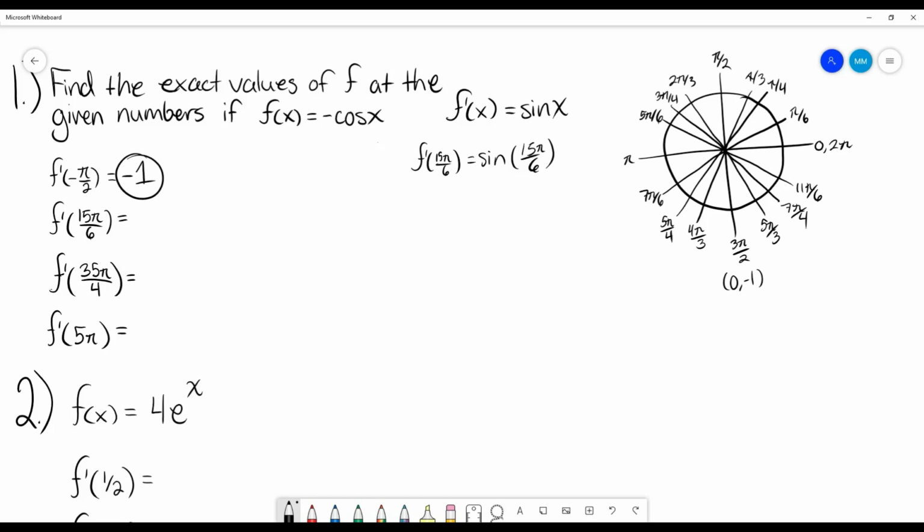So if it's over 6, I know that 2 pi, which would be that first rotation, is equal to 12 pi over 6. So I'm going to take that out of my 15 pi over 6. So that tells me that this is the same as 3 pi over 6 once I take that out, which is just the same as pi over 2, isn't it? Is that right?